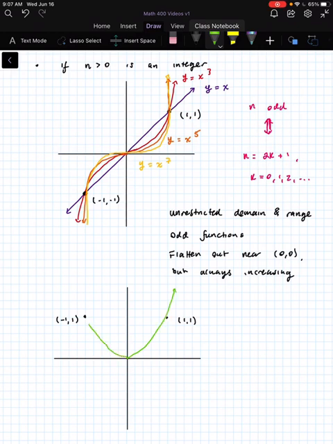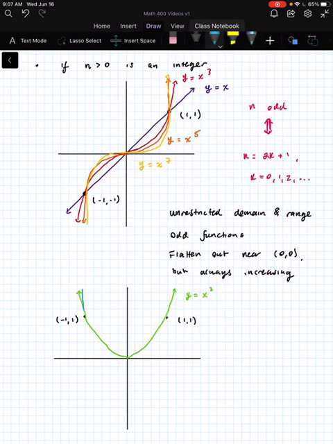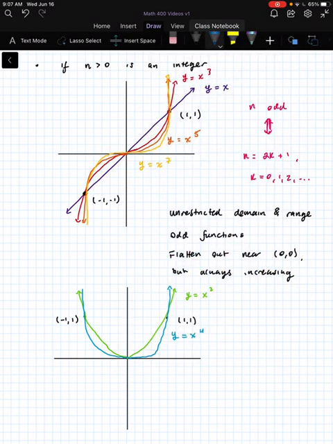So here we have y equals x squared. And next I'll do y equals x to the fourth. And let's do one more. Okay, we'll do a couple more. Here's a more intense blue.